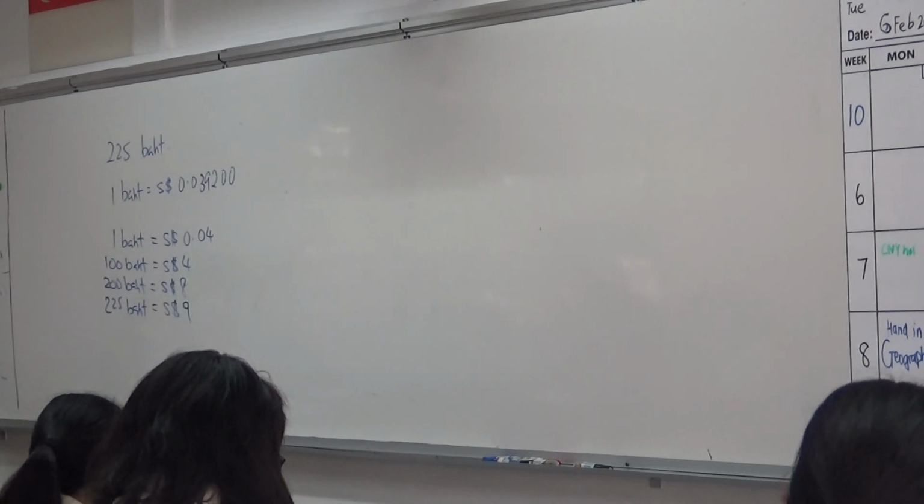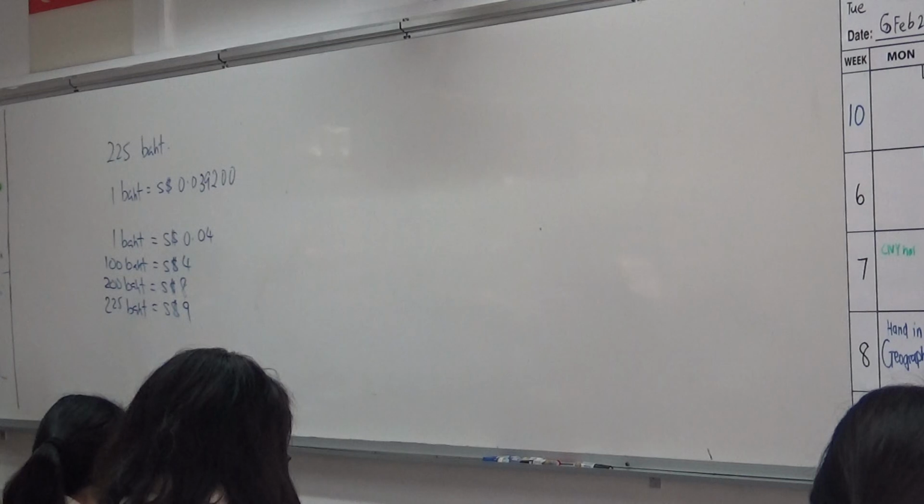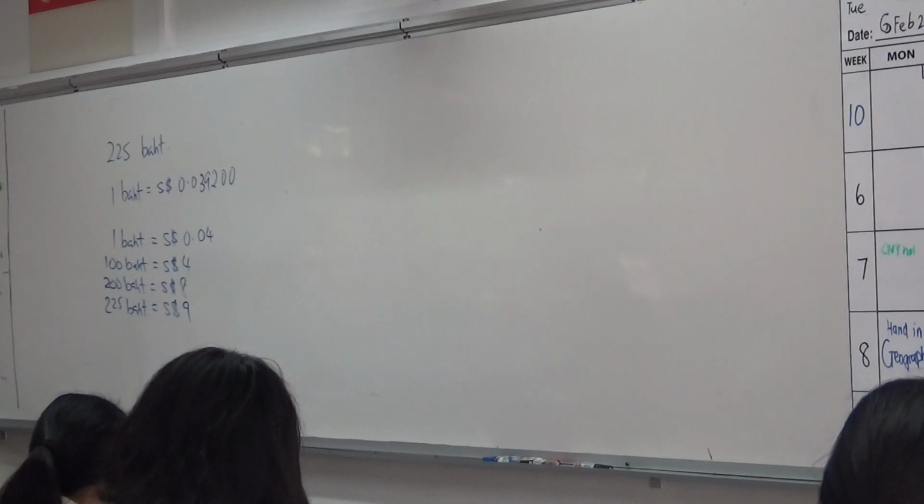Option A, 200 gram, 580. 780. Yours is 780.